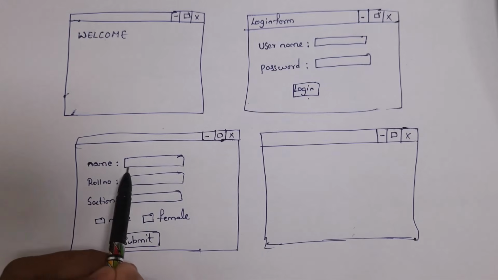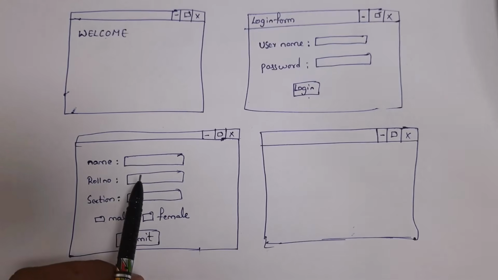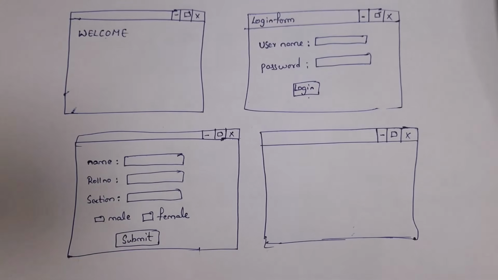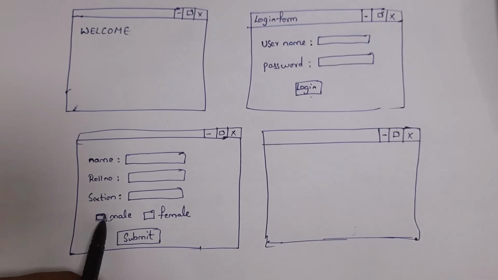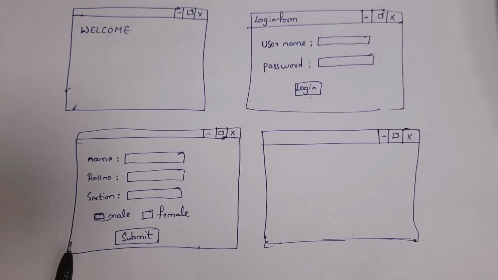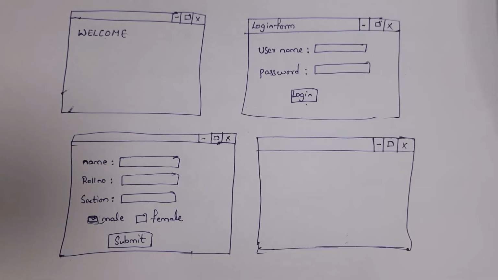If you see this box, we call this box an entry widget. In this box, you can enter your name, roll number, section and so on. Here login and submit are buttons, so we call them button widgets. And if you see here a small box, we call this box a checkbutton widget. You can select male or female by clicking on this button. So this Python module provides various kinds of tools and widgets for creating graphical user interfaces.